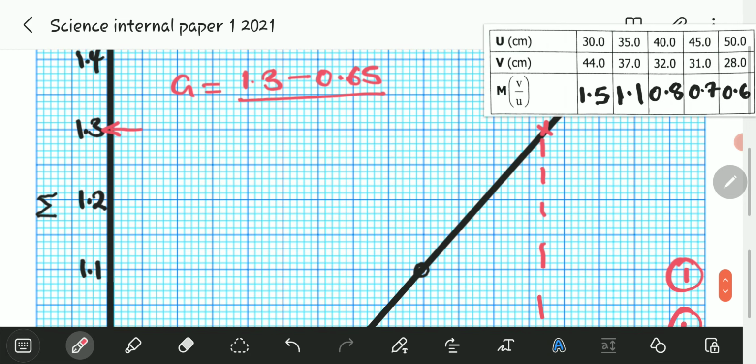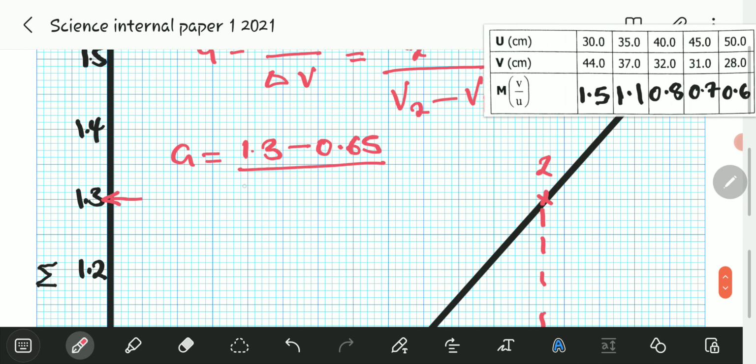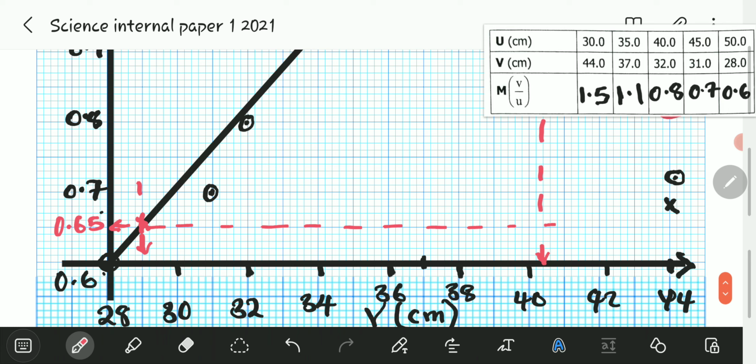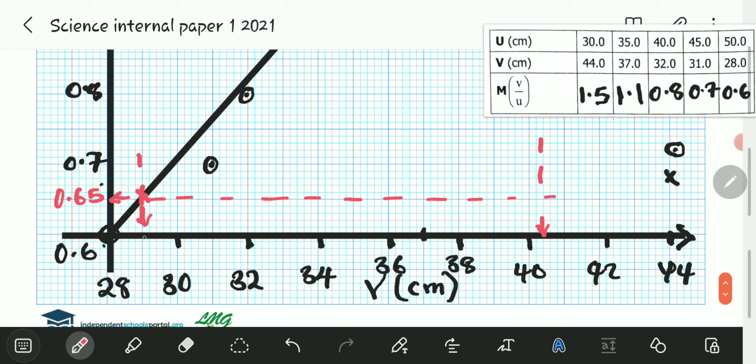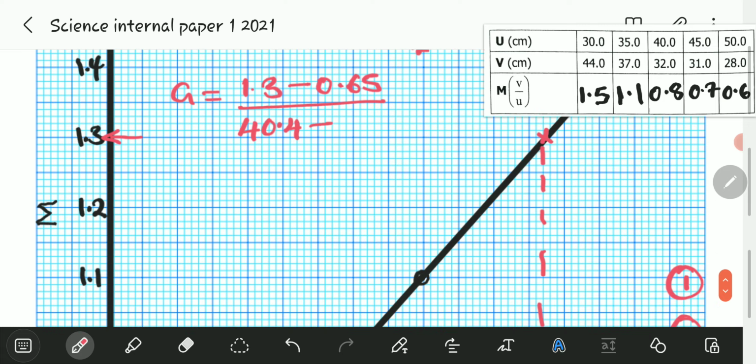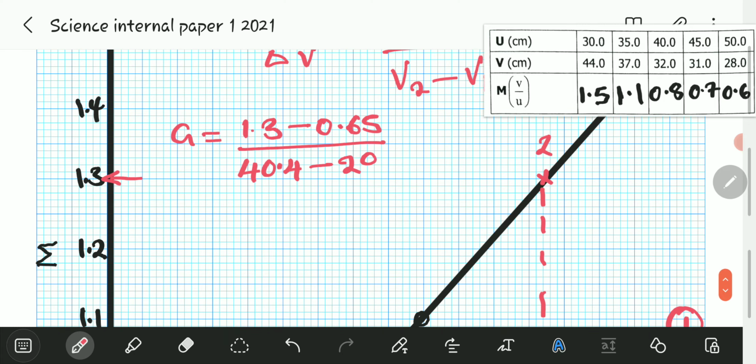So we have 40.4 minus. Then we come to our first point here. This is 28, this is 29. So this is 29. So there we have it.